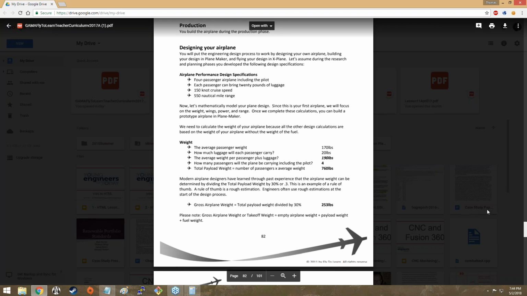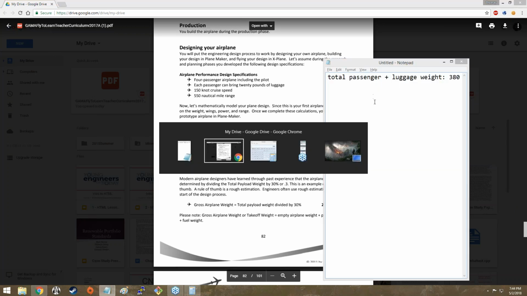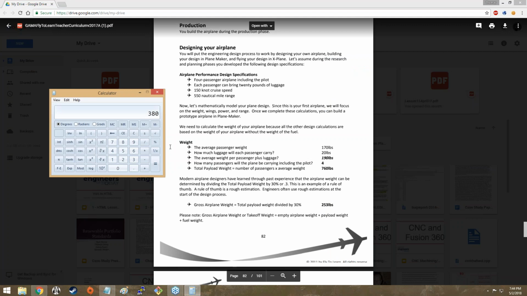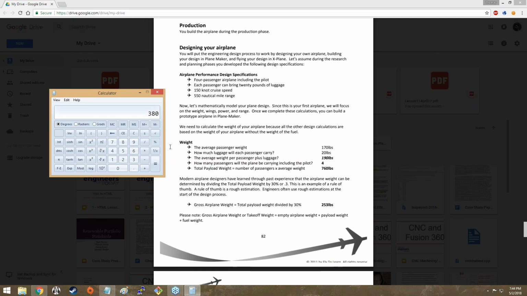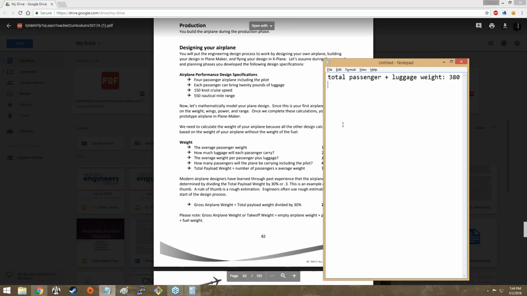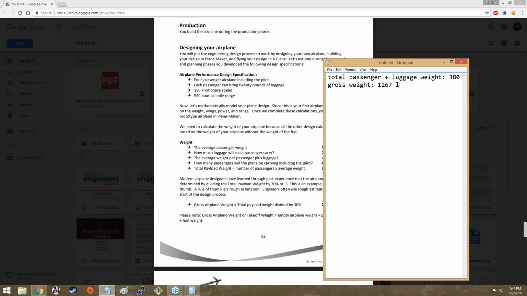Math's a little bit off there, Aiden. You multiplied one of the values by 10 and then divided the other one by 10. Regardless, 380 divided by 0.3 gives you 1,267 pounds. So gross weight is 1,267 pounds.